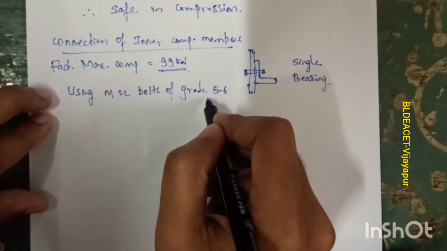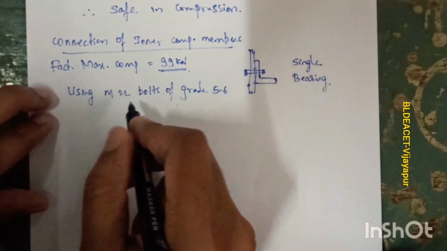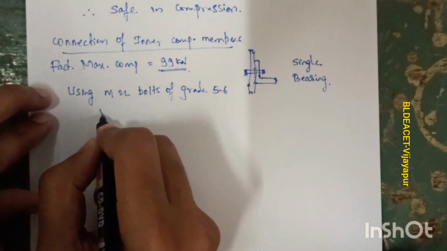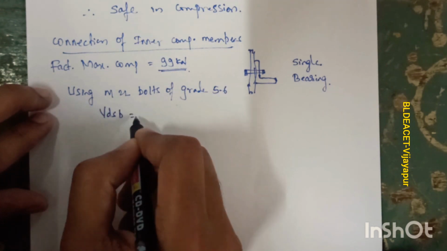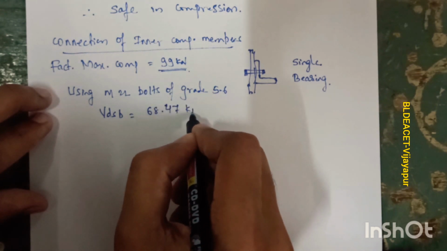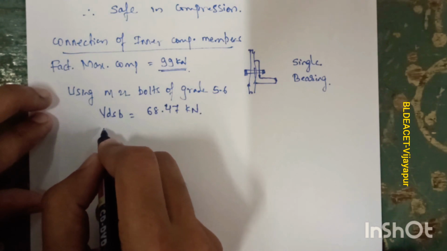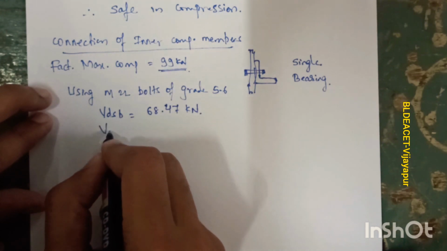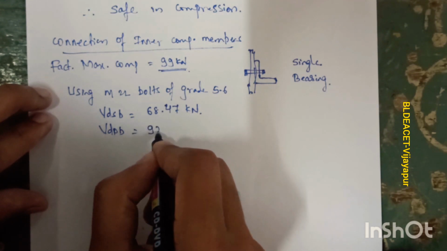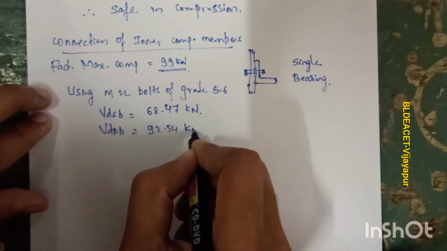Here I will be assuming grade 5.6. The shear strength in single shear, that is VDSB, directly I will be writing 68.47 kilo Newton, and the bearing strength VDPB will be 92.54 kilo Newton.